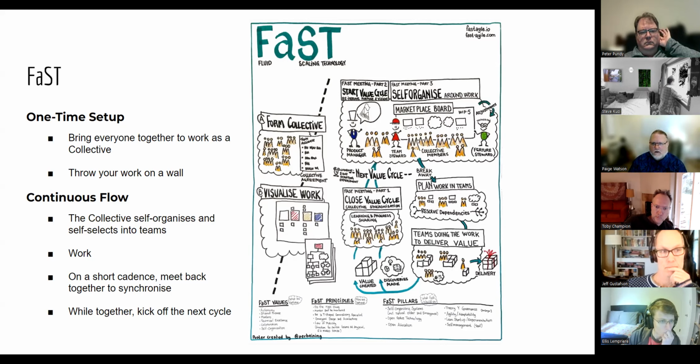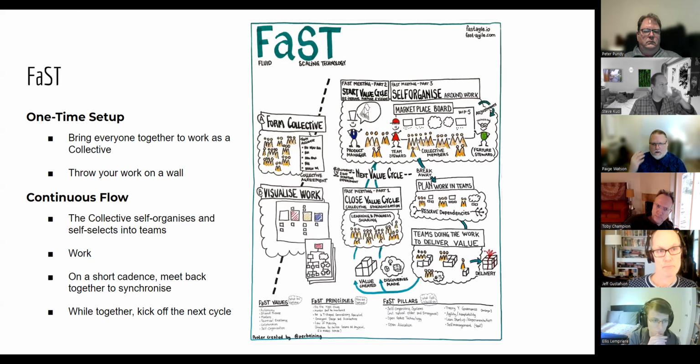In our organization, when we do FaST, and when we use fluid scaling technology, we have a one-time setup where we bring everybody together to work as a collective, and we put all the work on the wall. And I didn't talk about this, but that radical communication of making sure everything is seen by everybody whenever they want.